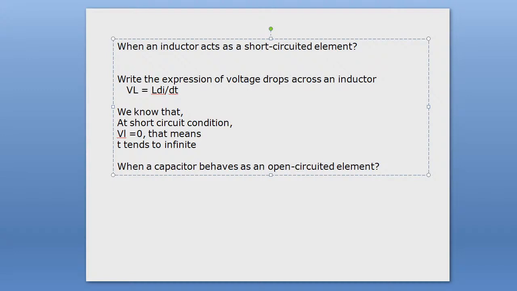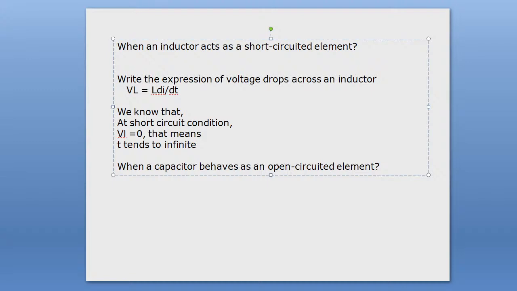We know that the voltage drop across an inductor is equal to L di/dt, where L is the self inductance of the inductor, and i is the current flowing through the given inductor. Now my question is, when does an inductor act as a short circuit element? Short circuit means you have connected a metallic wire, a direct connection between two points. Suppose A, B: short circuit means there is a straight line.